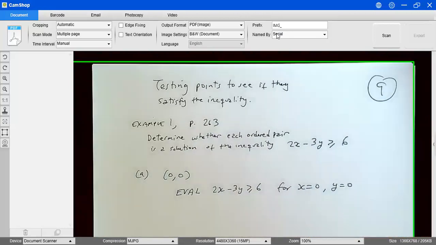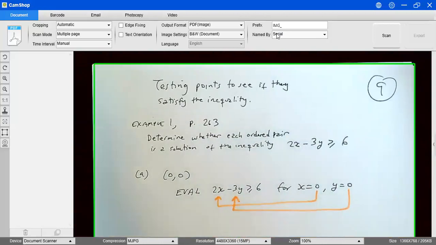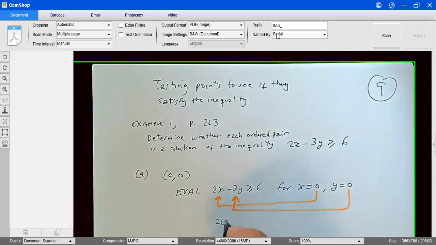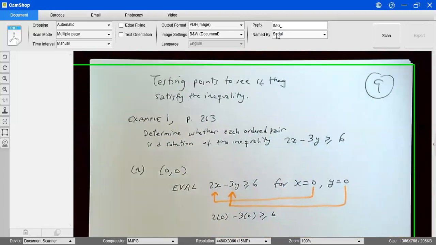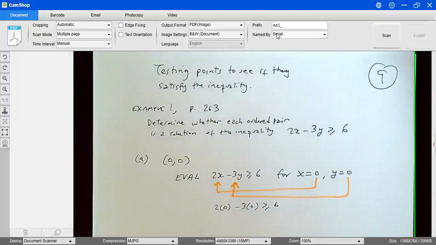So you only need to replace x with 0 and y with 0. So we get 2 times 0 minus 3 times 0 greater than or equal to 6.